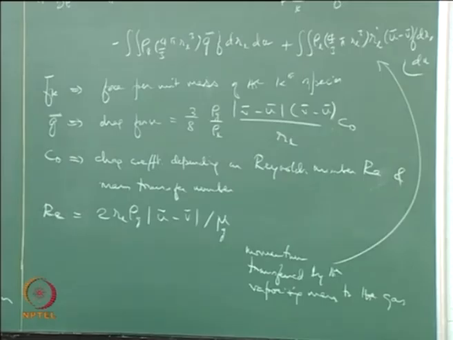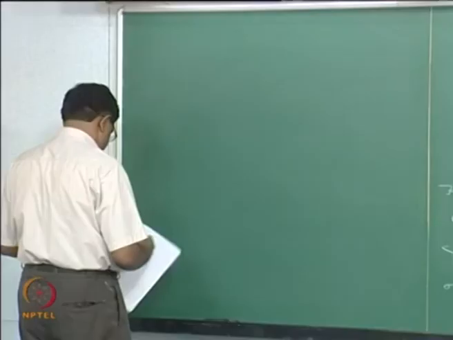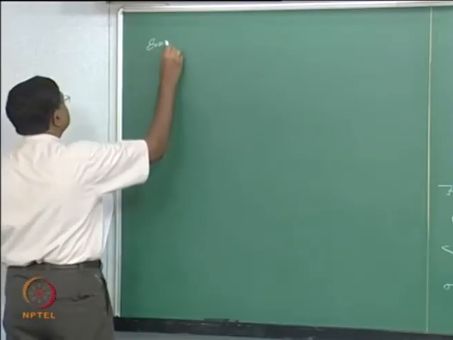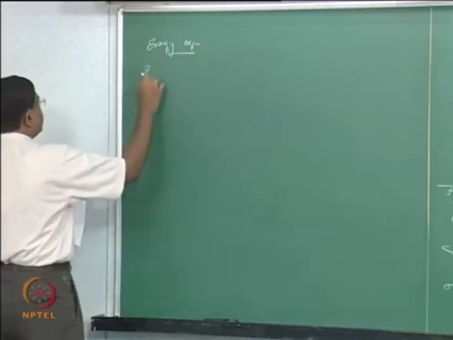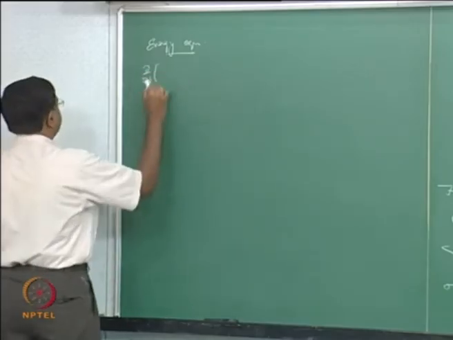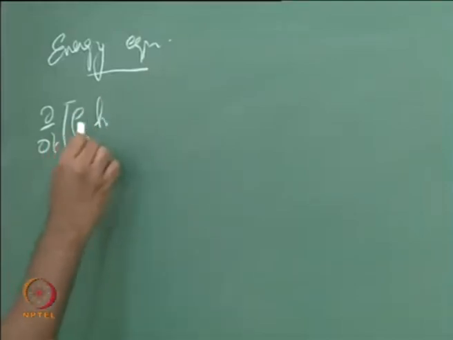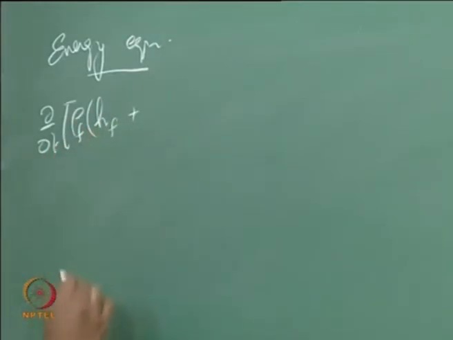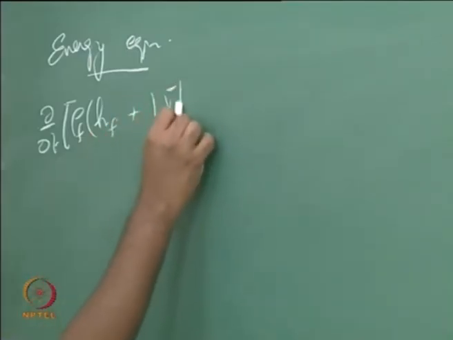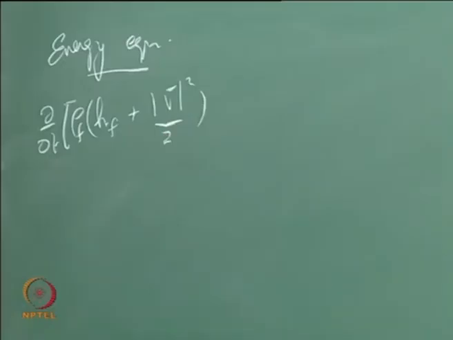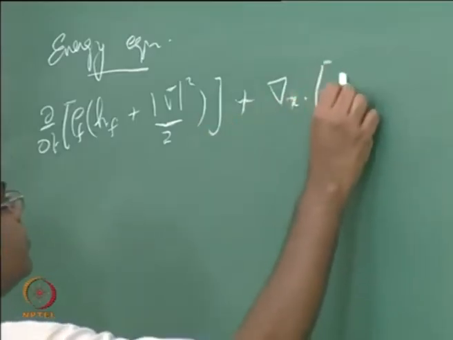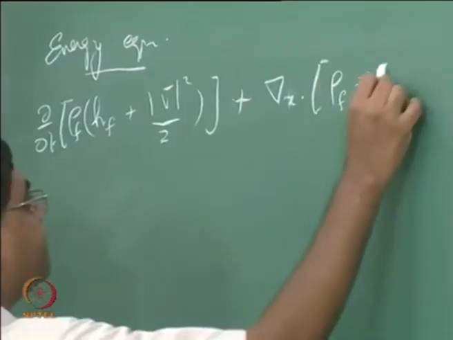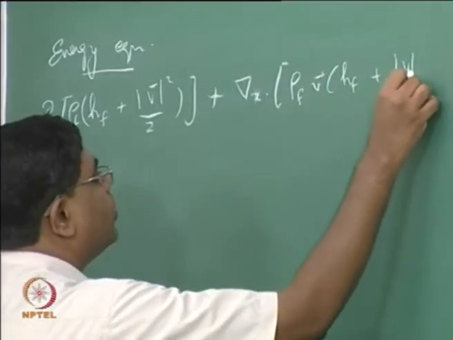Similarly, we could also write the energy equation. Partial derivative with respect to time of rho f times (hf plus v squared by 2) plus divergence with respect to x of rho f v times (hf plus v squared over 2).